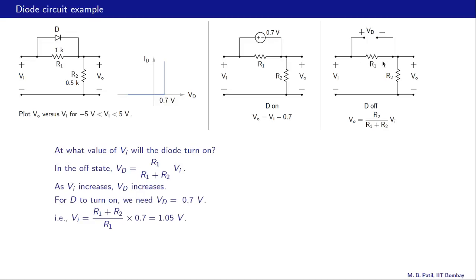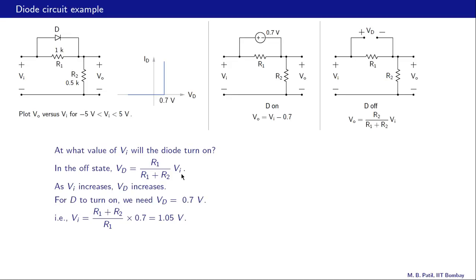And what is this voltage when the diode is not conducting? That is given by voltage division. So Vd is R1 by R1 plus R2 times Vi, this equation here. As Vi increases, Vd increases, and for D to turn on, we need Vd equal to 0.7 volts.